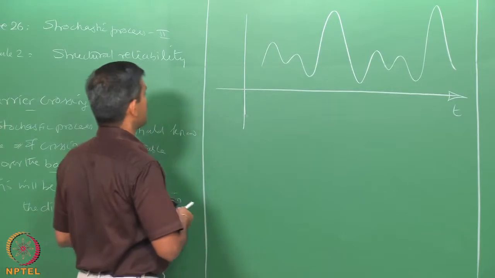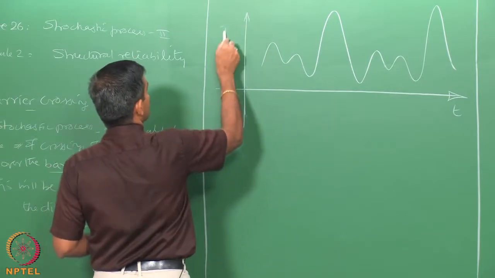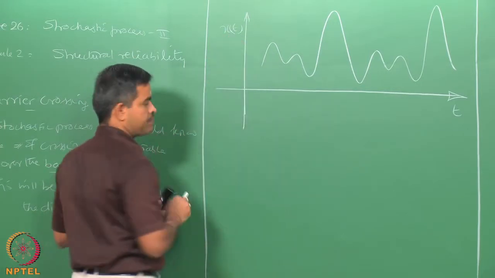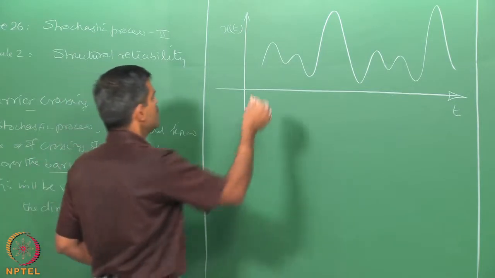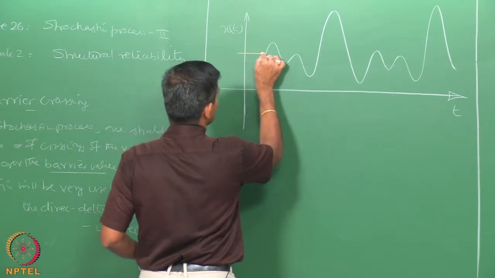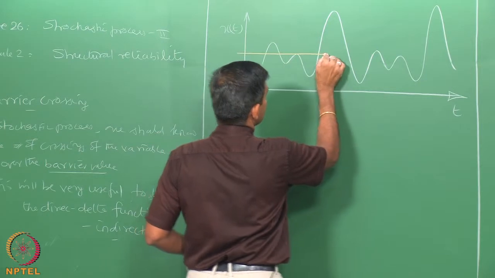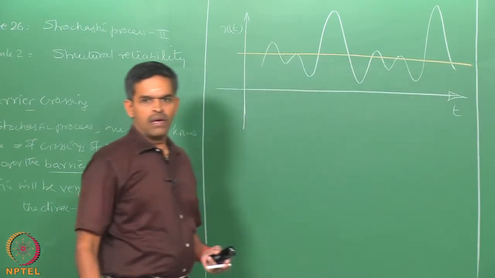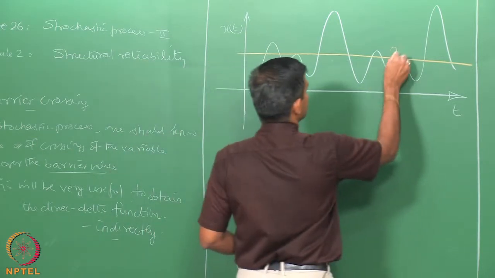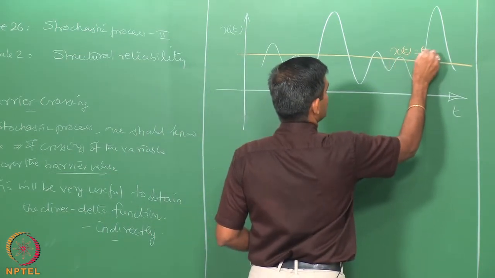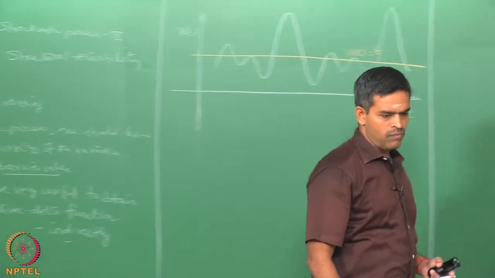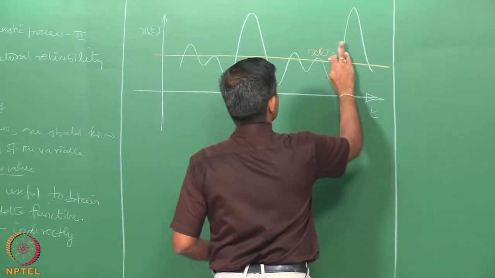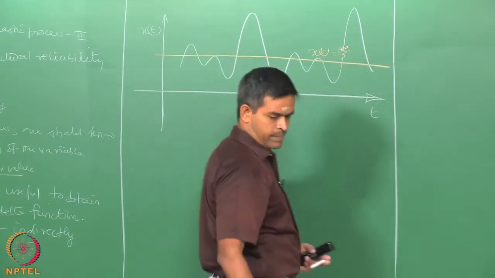Let us say this is my x of t. Well, the threshold value is marked in this color. I call this, let us say, x of t is equal to some value z.